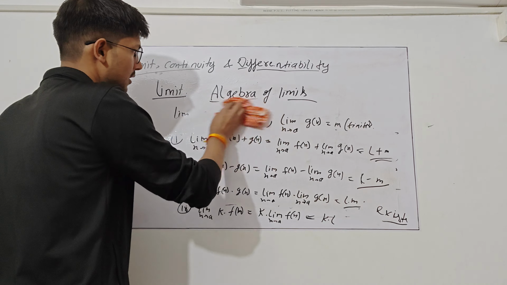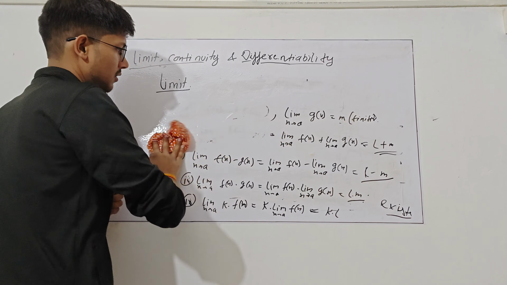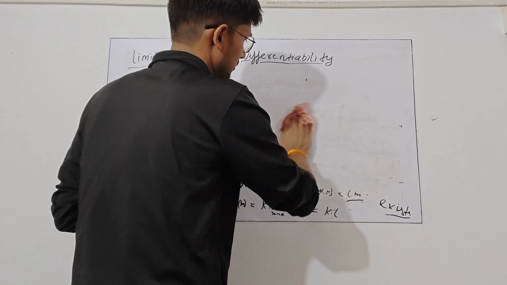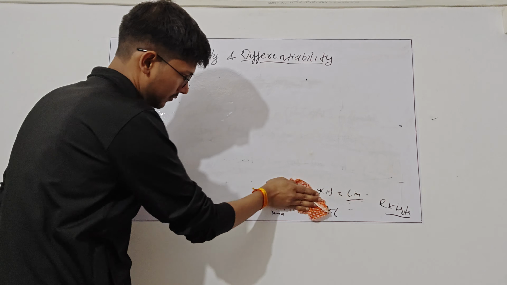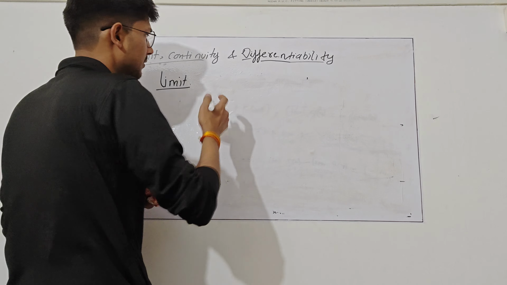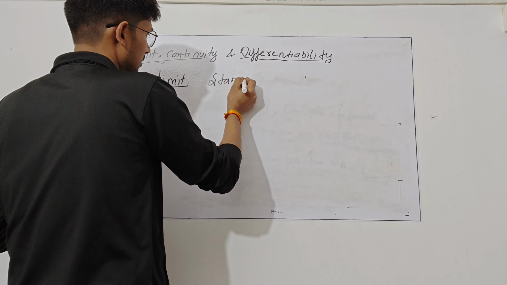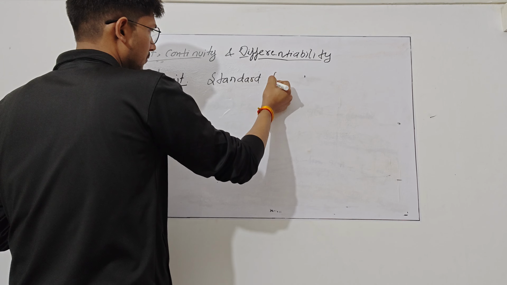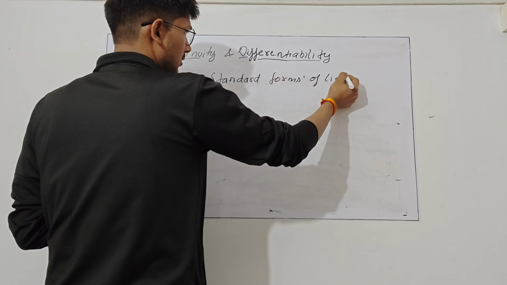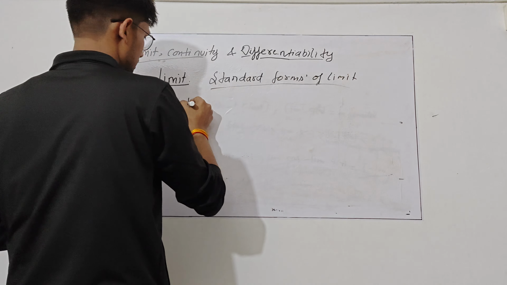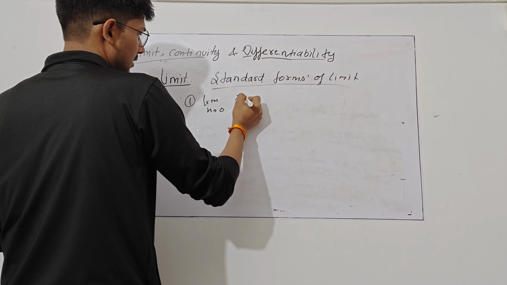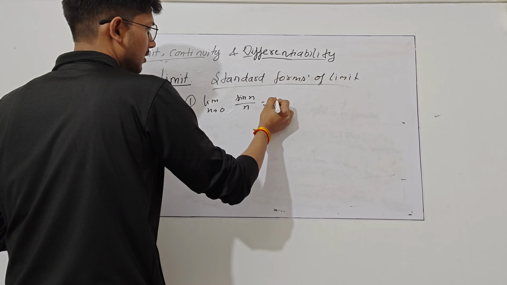After that we study some standard limits. So some standard forms of limit. First, limit x tending to 0 of sin x by x is 1.